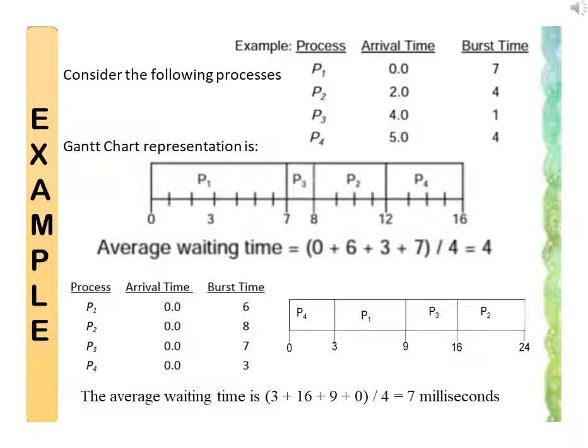P3 has 1 added, so 7 plus 1 is 8. Then P2, 8 plus 4 is 12, and after that P4 is last. Now you have to find the shortest job there. That's why we have taken P3 here. P3 is the shortest job.